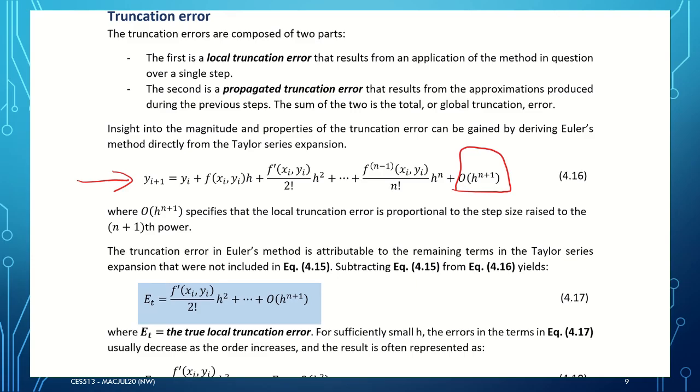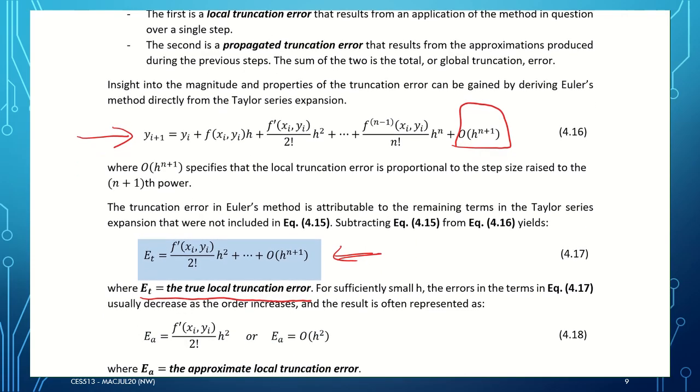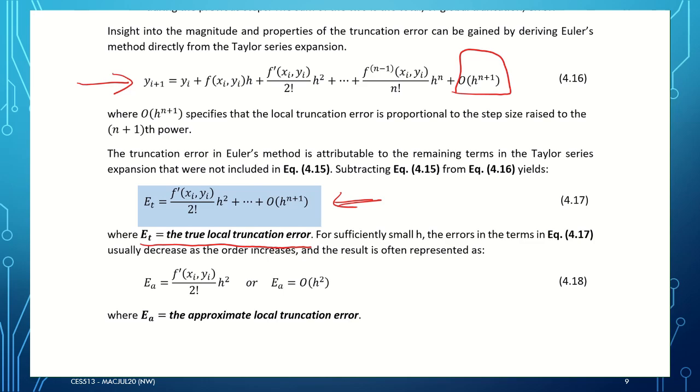So the truncation error in Euler's method is attributable to the remaining terms of the Taylor series. So we have the general form for the true local truncation error equal to the first derivative of the function divided by 2, multiplied by h squared, and so on. That is the general equation for the true local truncation error.